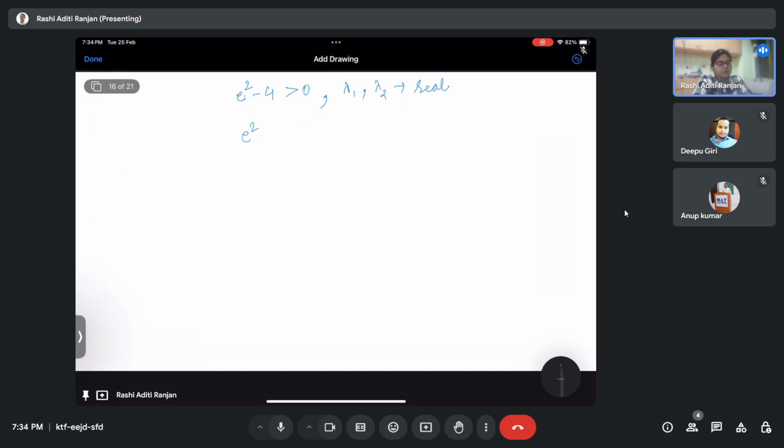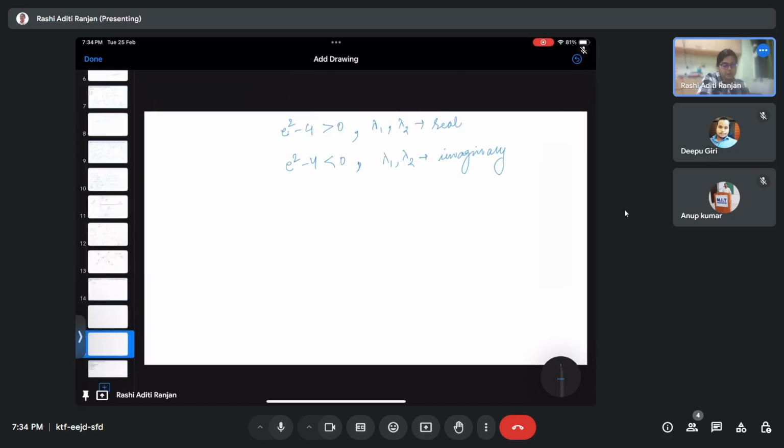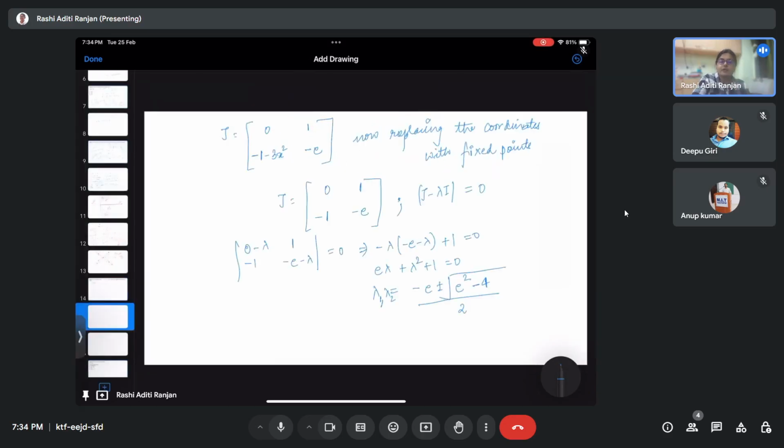What if my e square minus 4 is less than 0? Then lambda 1 and lambda 2 are going to be imaginary, correct? So that is also fine. It could be imaginary, that's a possibility, right?